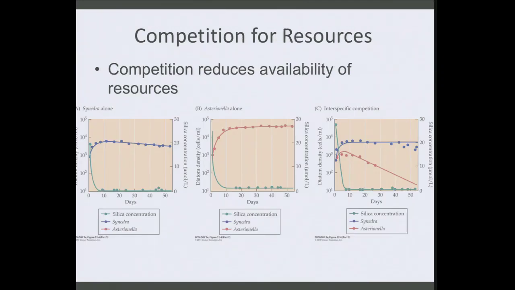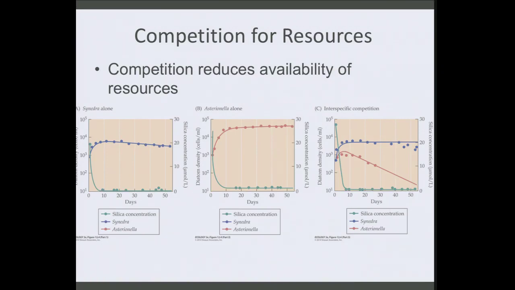When two organisms compete, they reduce the availability of the resources. So this is a study that was looking at diatoms, a type of algae, done in the 1980s. On the left two graphs, the blue and the red lines are the growths of those individual species.